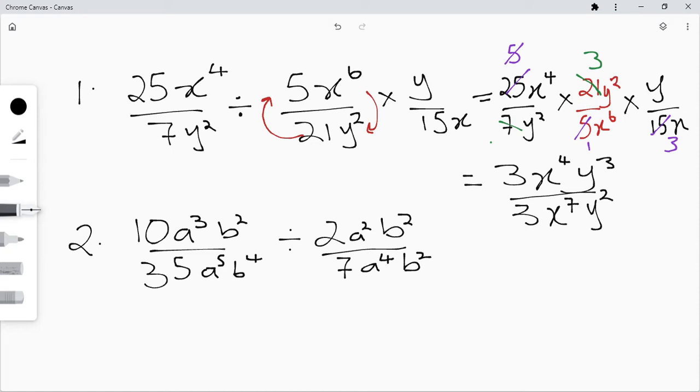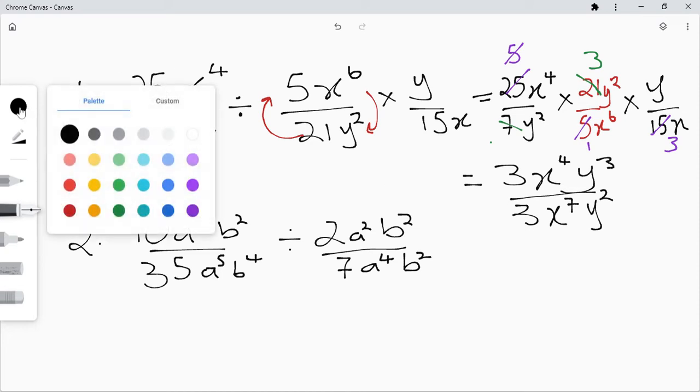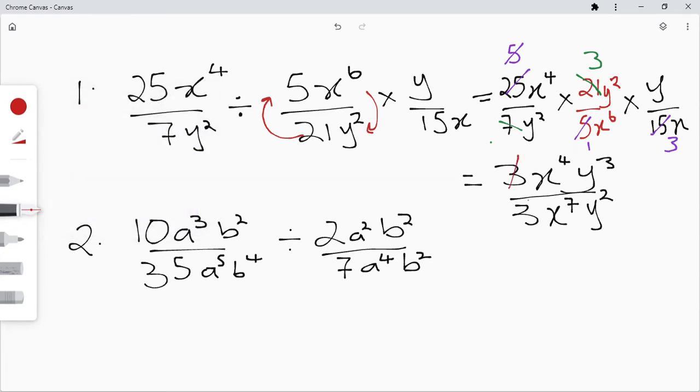Now we can simplify furthermore. If you remember, indices also apply here. First, 3 can go into 3. x to the power 4 over x to the power 7 is the same as saying 4 minus 7, that's negative 3.